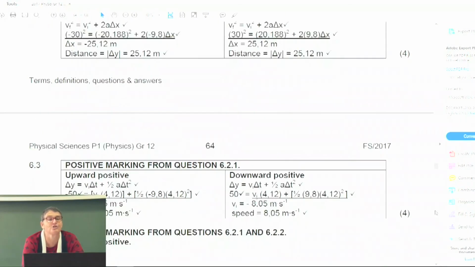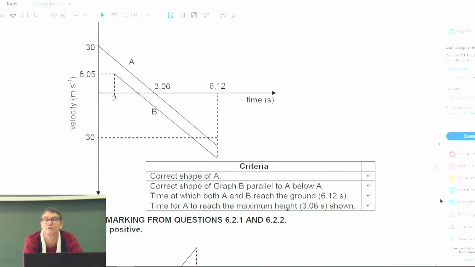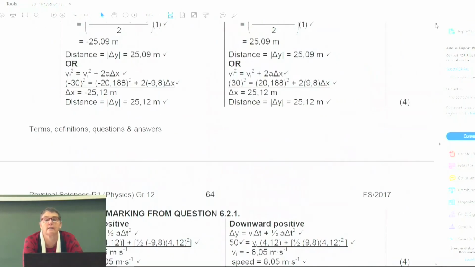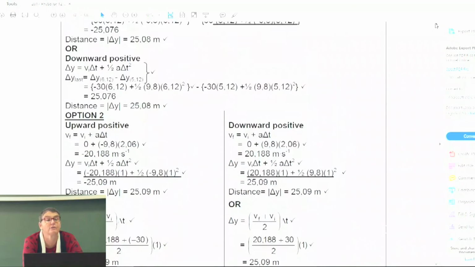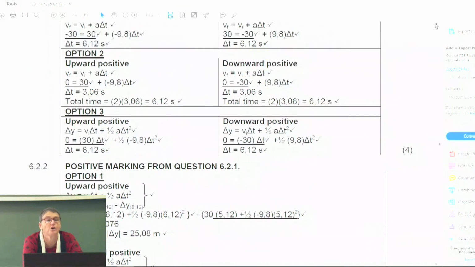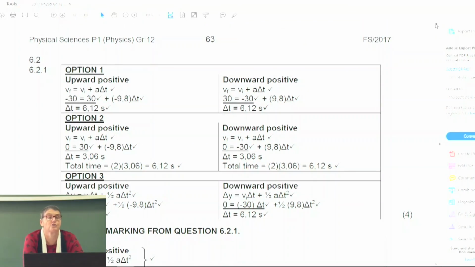Because now the learners are just going to go to the answers and look at the answers, right? Here's the question I did. The reason we put the answers in, and this is for you level 7 learners, you must make use of this. You would have gone and you would have done question 6. Okay. Now, say, for example, you did question 6.1. Can you see how many, 6.2.1, how many different options there are for you?